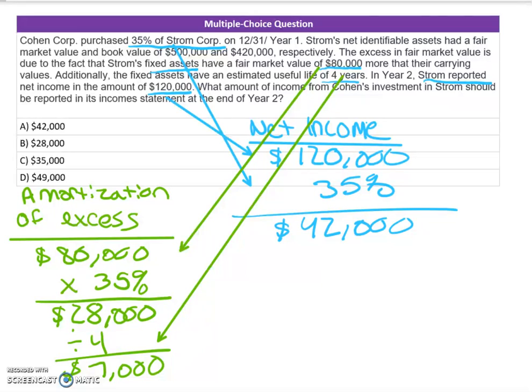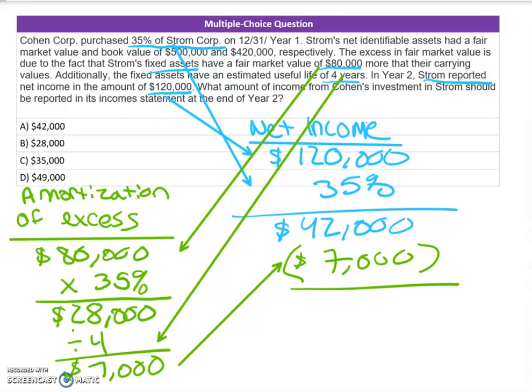So this is only going to be 1 year at a time. So once again, just like all other amortizations, this is going to be reducing our net income. So amortization will be reducing. Therefore, the total net income that we are entitled to, or Cohen is entitled to, is $35,000. C is correct.